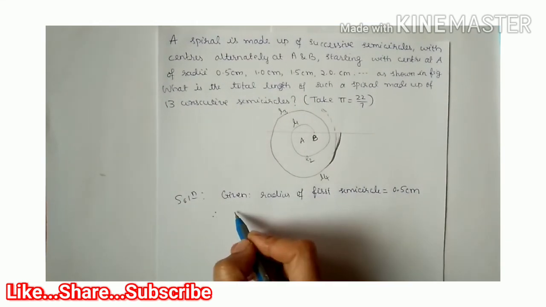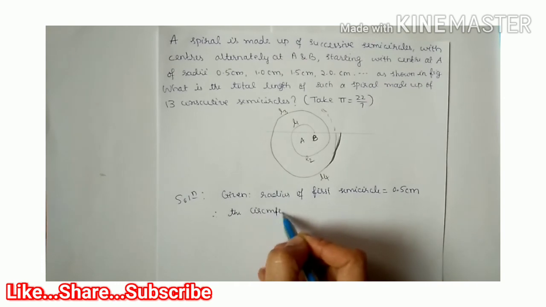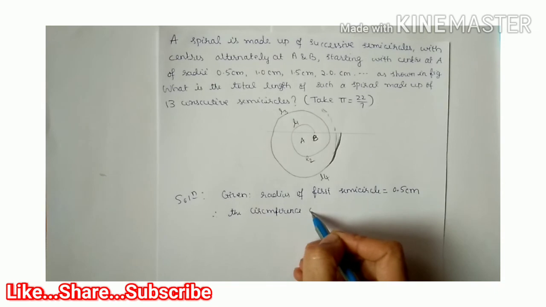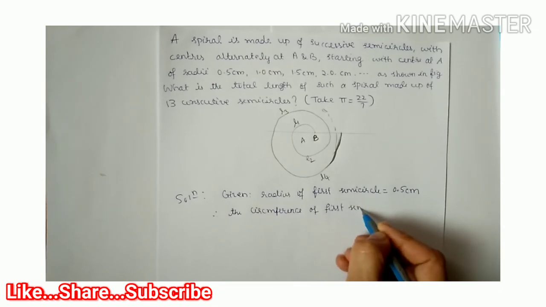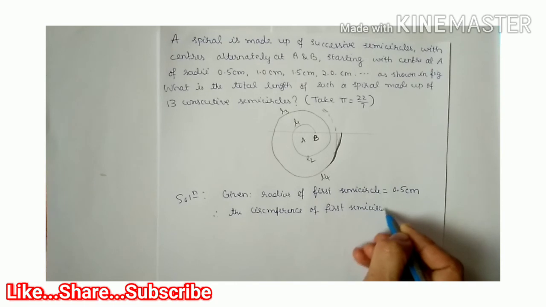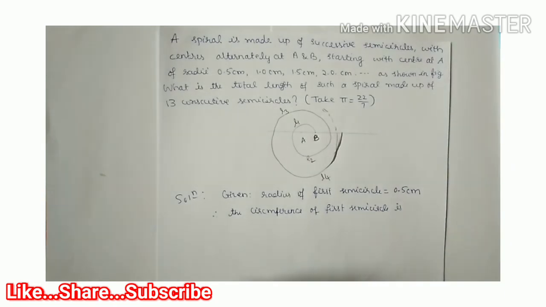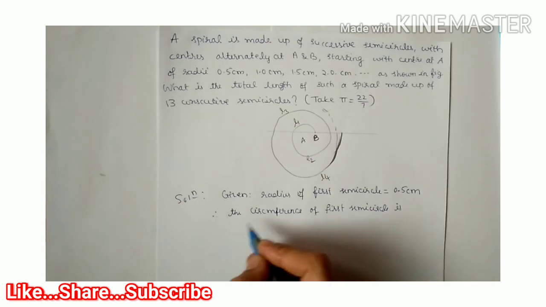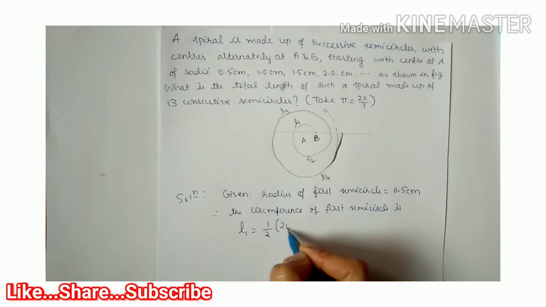Therefore, the circumference of first semicircle: circumference of circle is 2 pi r, circumference of semicircle L1 is equal to half 2 pi r.